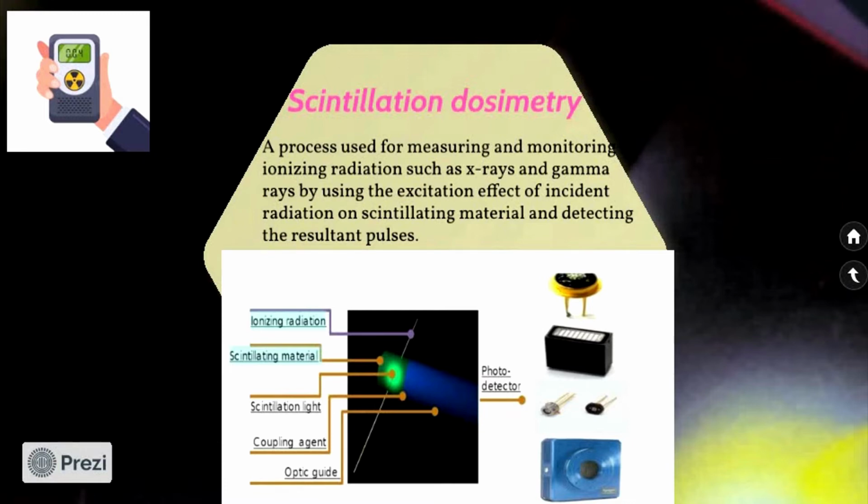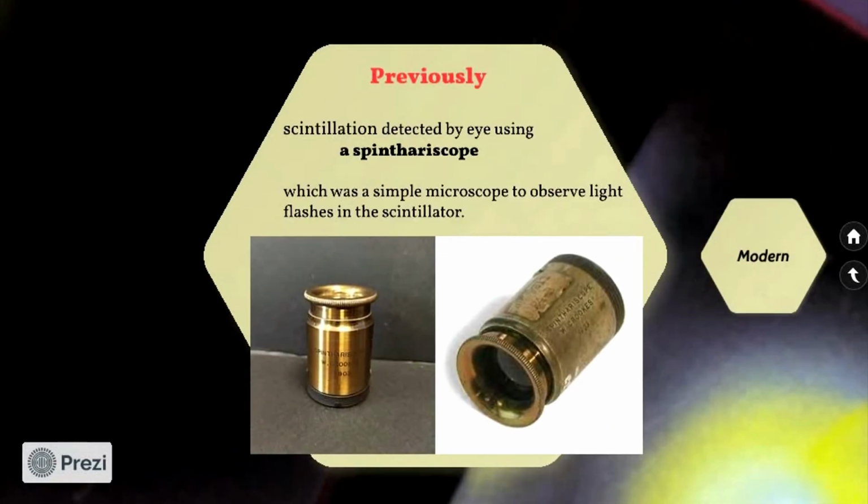Accurate dosimetry enables patients to have confidence in radiotherapy and medical imaging procedures, and radiation workers to have confidence in their safety. So now let's discover the history of scintillation detection.